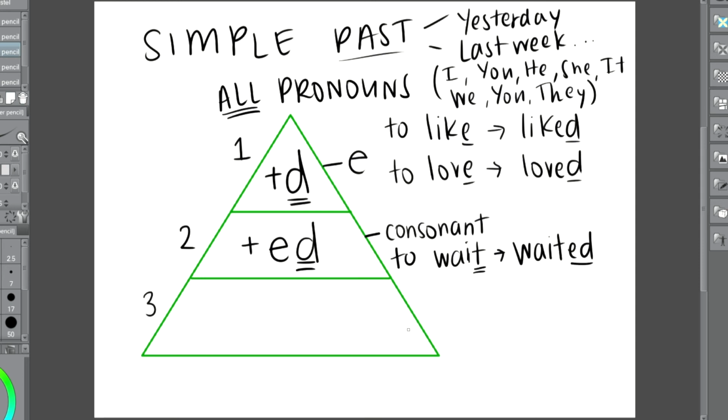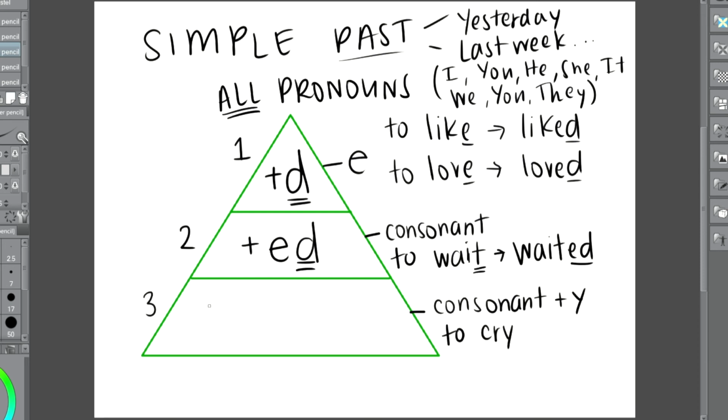The last rule we're going to look at today is for any verb that ends with a consonant plus the letter Y. Let's use to cry.